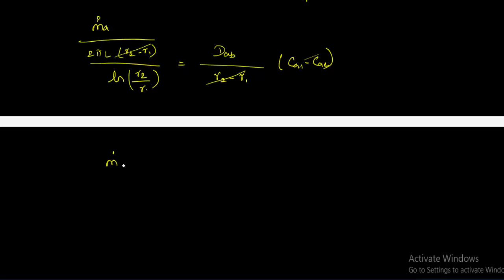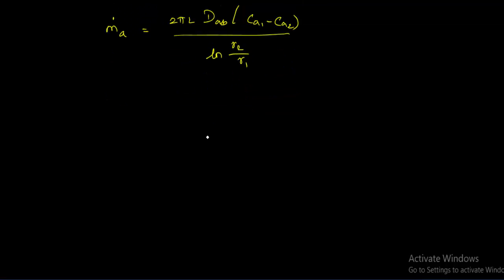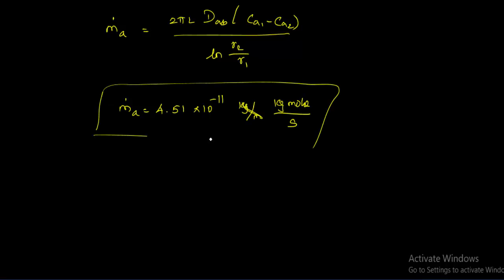So m dot A becomes 2 pi L D_AB (C_A1 minus C_A2) divided by ln(R2/R1). This is the final formula. Substitute all the values here and you will get m dot A as 4.51 into 10 to the power minus 11 kg mole per second. This will be your final answer, that is the diffusion rate through the wall of the rubber tube.